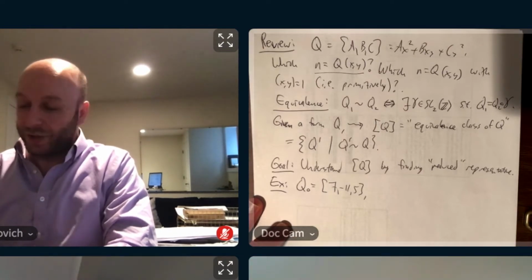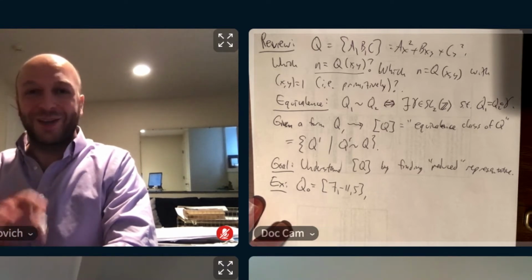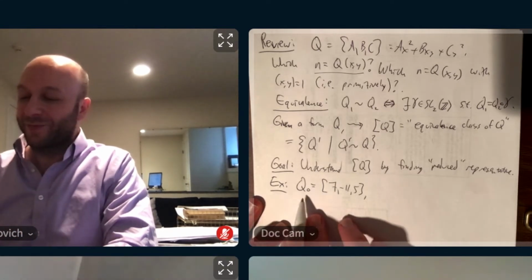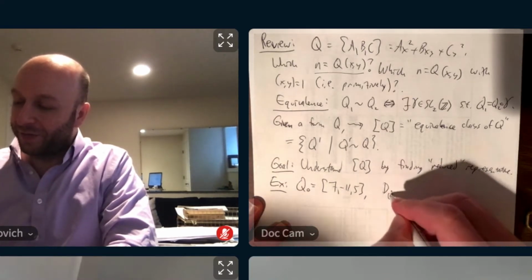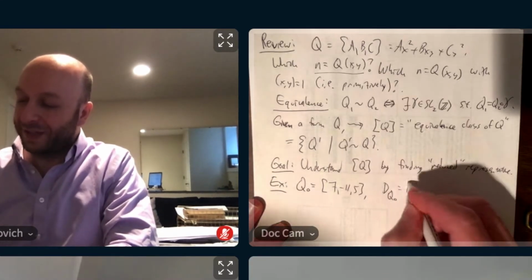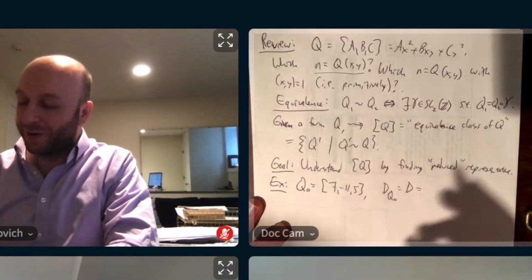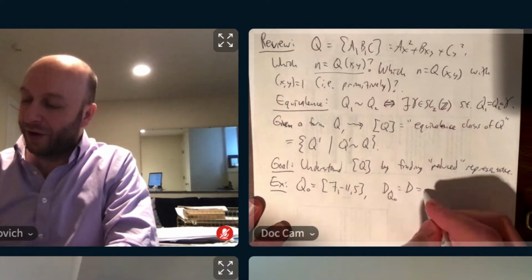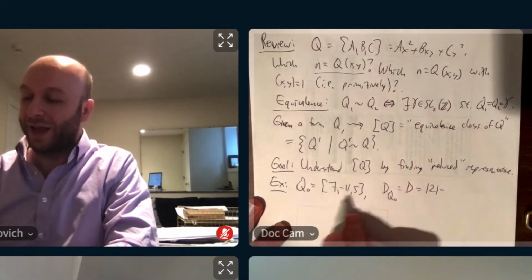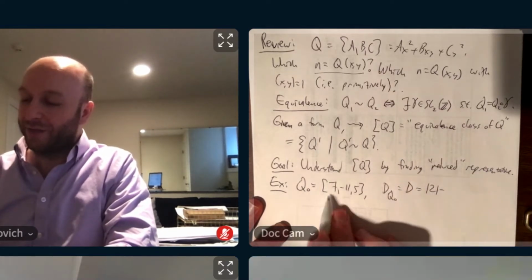Right. So you guys are all going in the right direction. So this is Q0. What's the discriminant? So the discriminant of Q0, I'll just write D for now, and maybe Q0 I'll write as Q. This is the guy that we're working with. So I have 121, B squared minus 4AC. That's 20 times 7, 140.